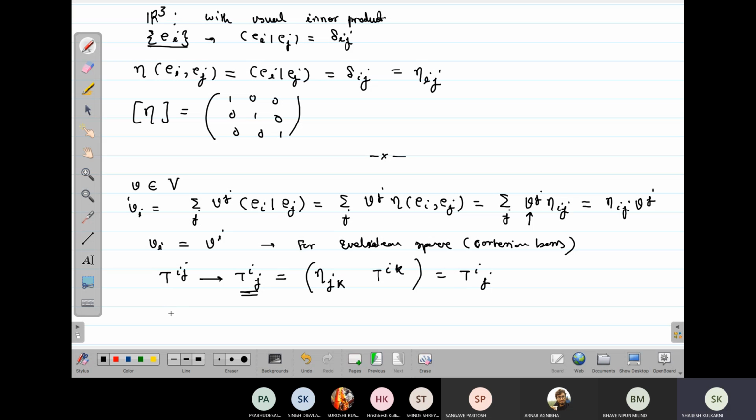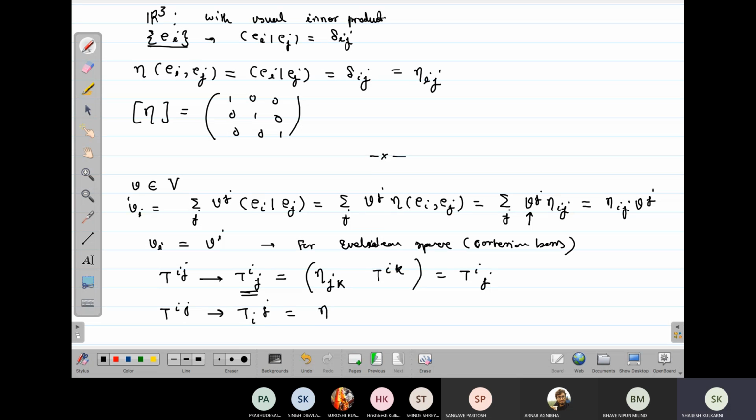Clear? Similarly, starting from this T ij, you get T lower i upper j. How can I achieve this?